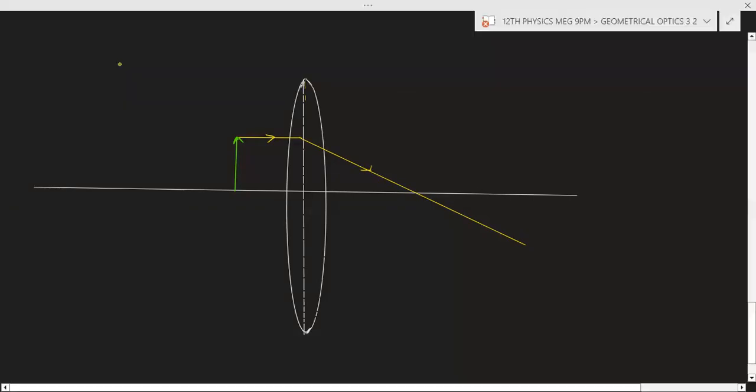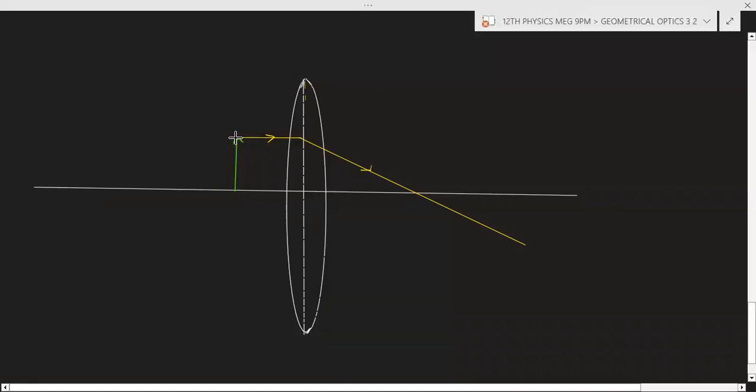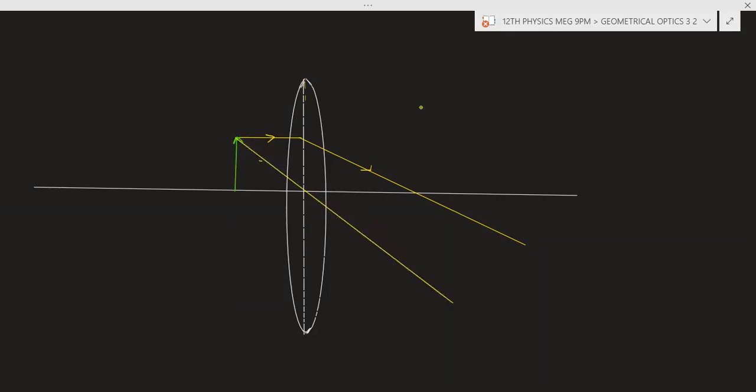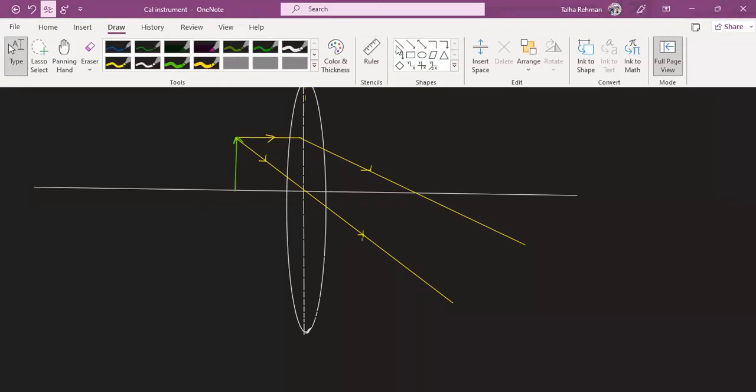Another ray will be like this, passing from the optical center, and it will pass straight. Now both the rays are diverging, and diverging rays will never meet.